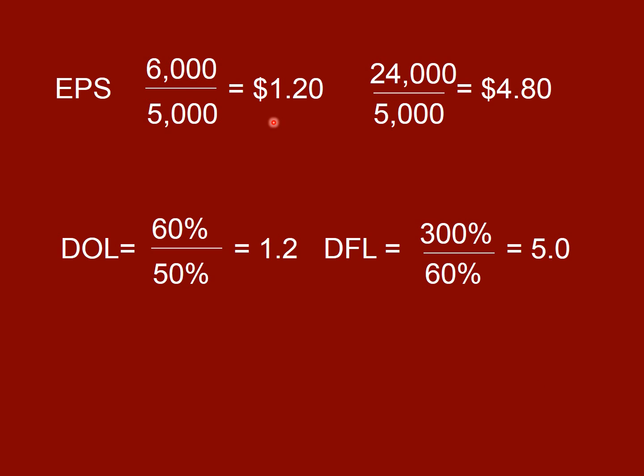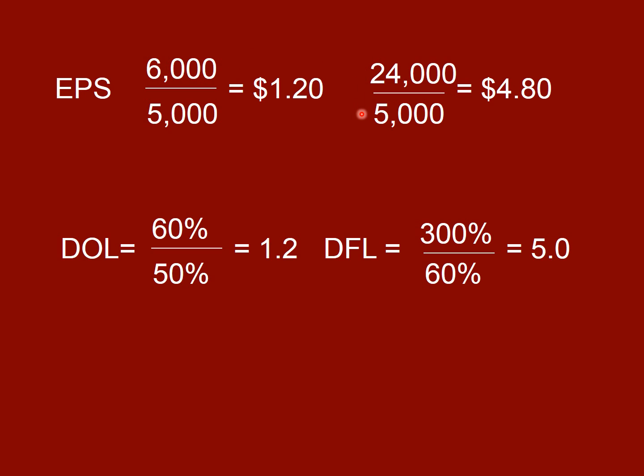So here's where I converted the earnings available to common shareholders and divided by the number of common shares outstanding, which was stated in the problem at 5,000. When you divide, in our base case, each share of stock earned $1.20. Then, after the increase in sales, our earnings available to common shareholders went from $6,000 to $24,000.